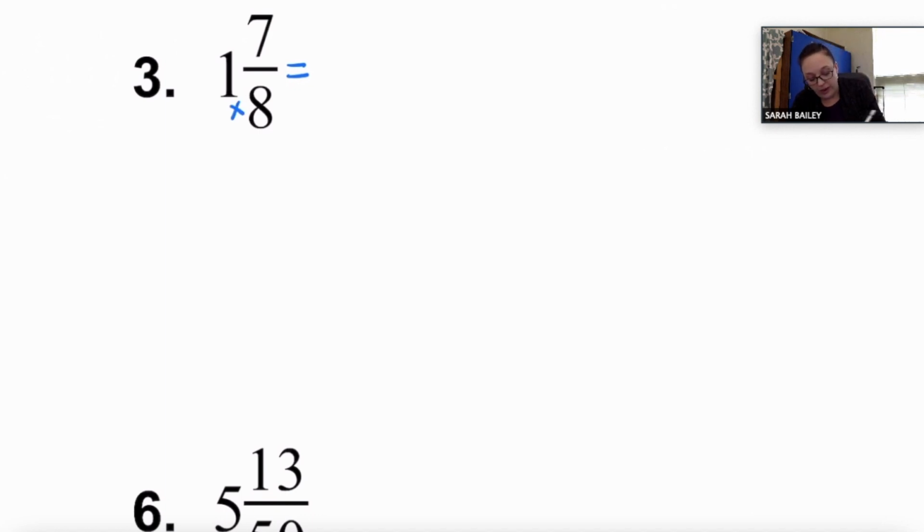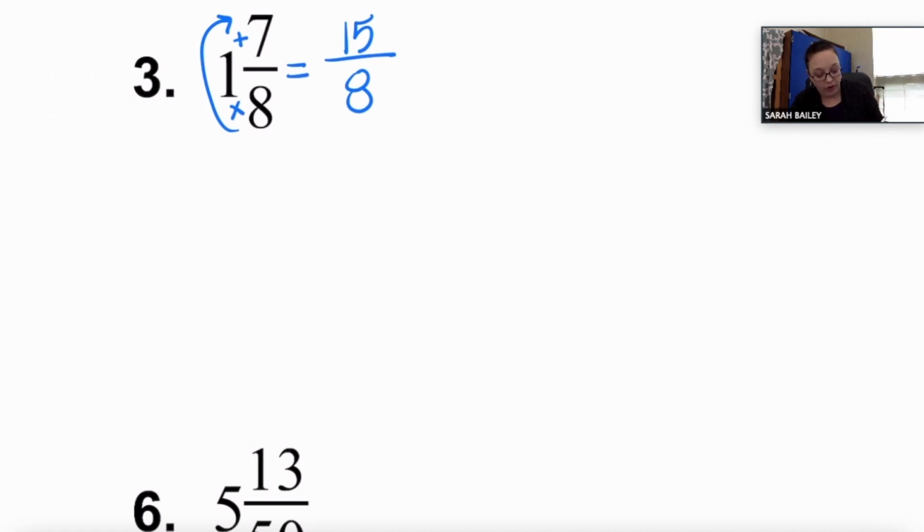So I'm going to do 8 times 1. You start this way. And then I add the 7. So 8 times 1 is 8. 8 plus 7 is 15. And you keep your denominator. So 1 7/8 is equivalent to the improper fraction 15/8.